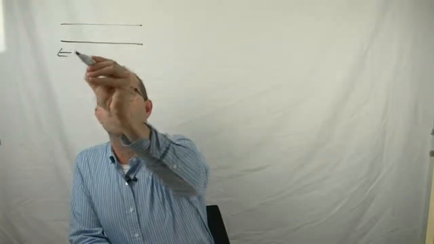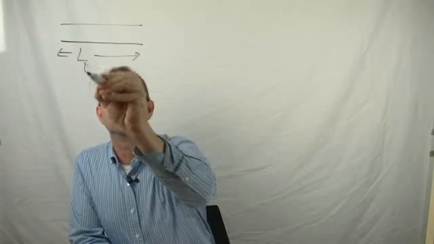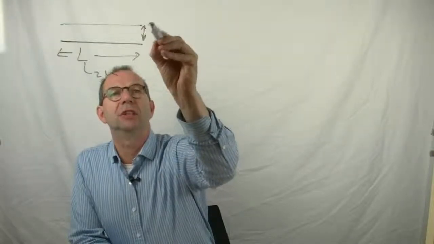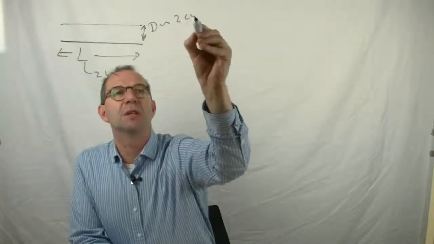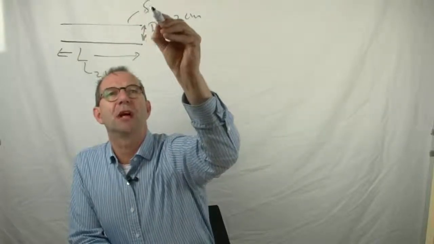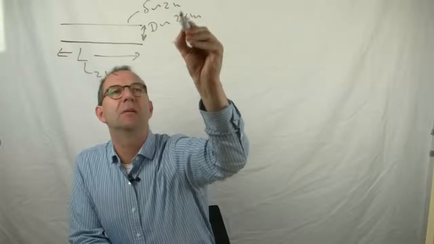That pipe has a length L, say 2 meters. It has a diameter D of say 2 centimeters, and it has a wall thickness delta of about 2 millimeters.